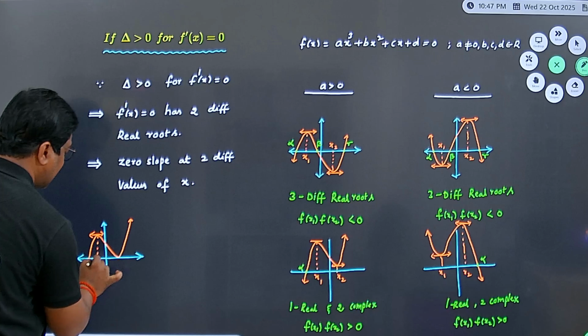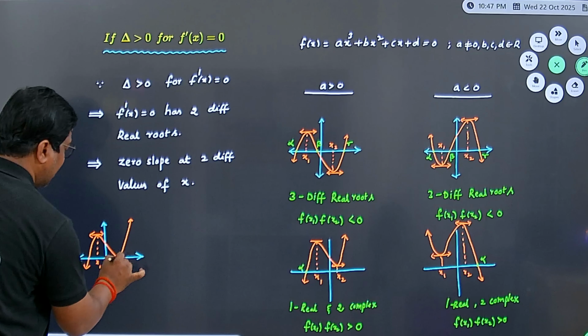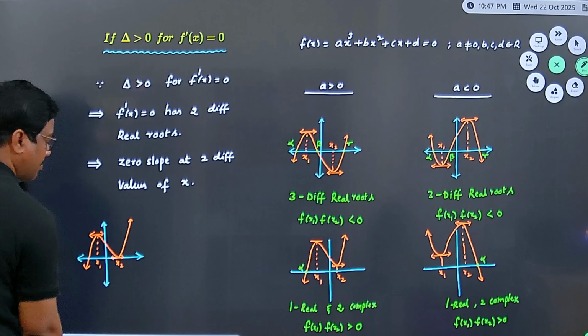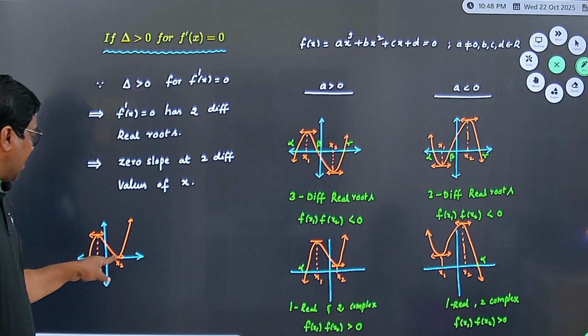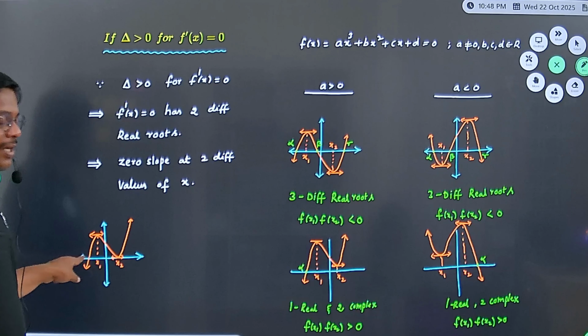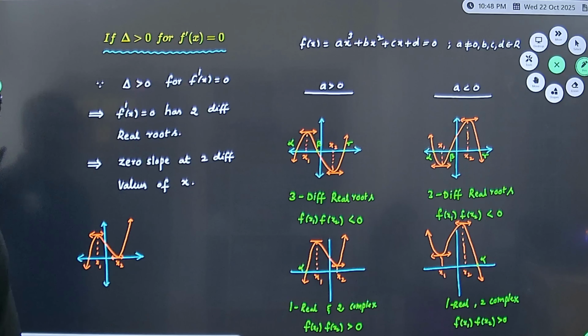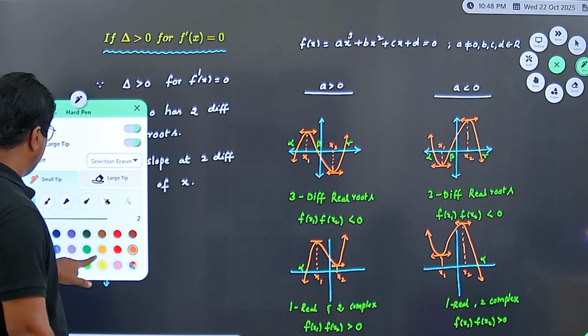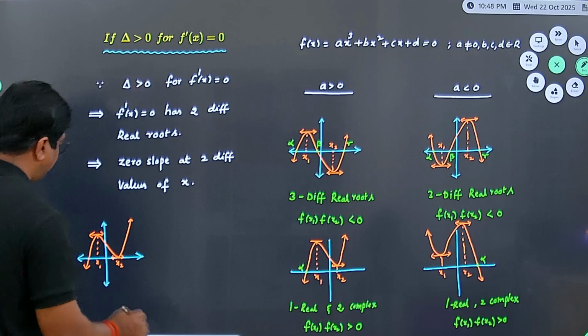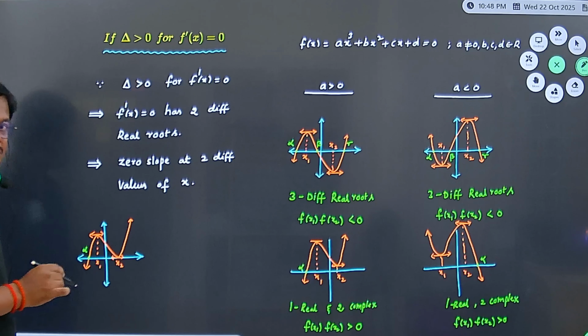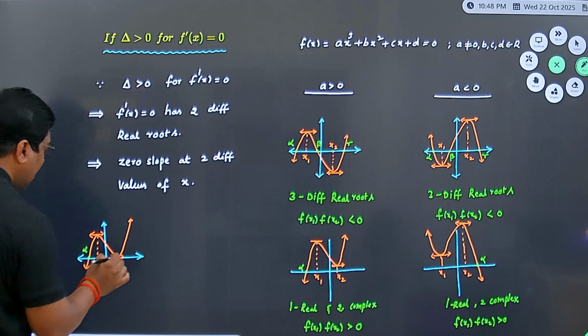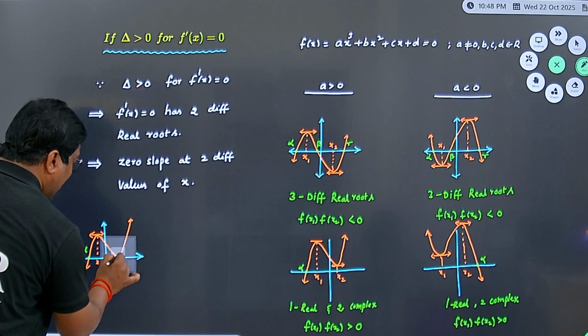Here it is x1 and here slope 0 at x2. But the curve touches the x-axis at one point, intersecting it at another point. It indicates that it has one different root alpha and the remaining two equal roots.